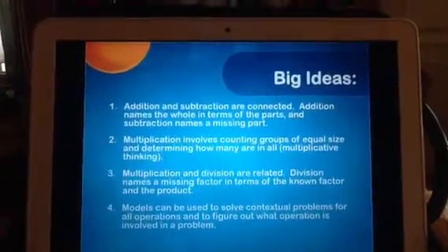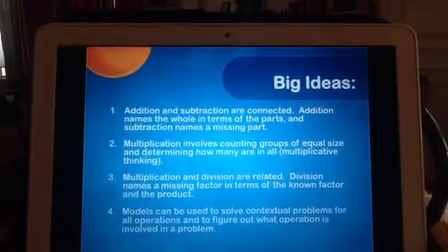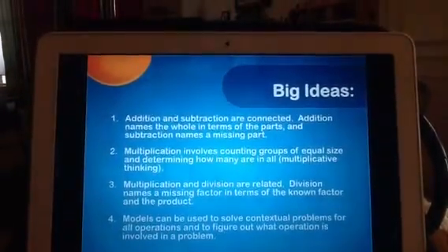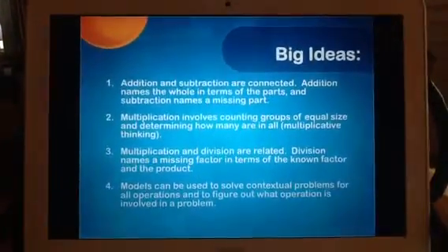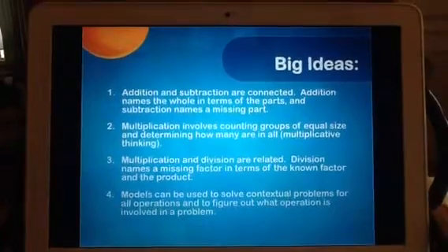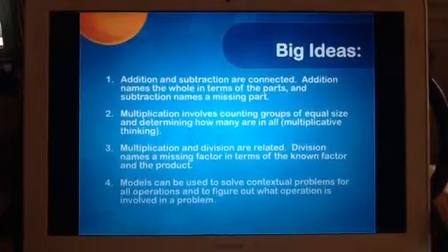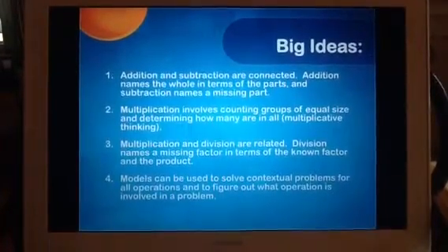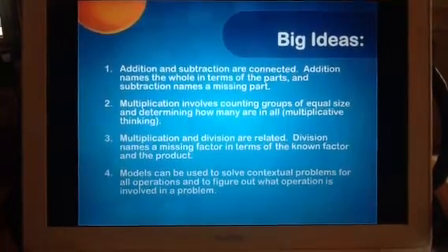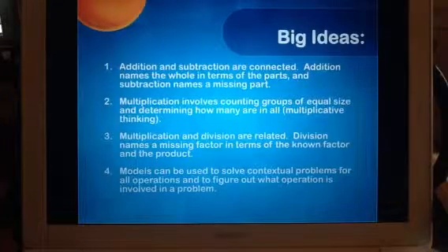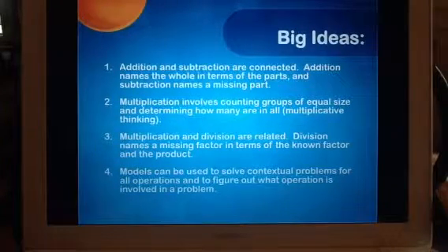The 4 big ideas within the concepts and meaning are that addition and subtraction are connected. Addition names the whole in terms of the parts, and subtraction names the missing part. This is talked about later on with examples to show the quantity unknown, and that is usually result, change, or start within the joining problems and the separate problems.